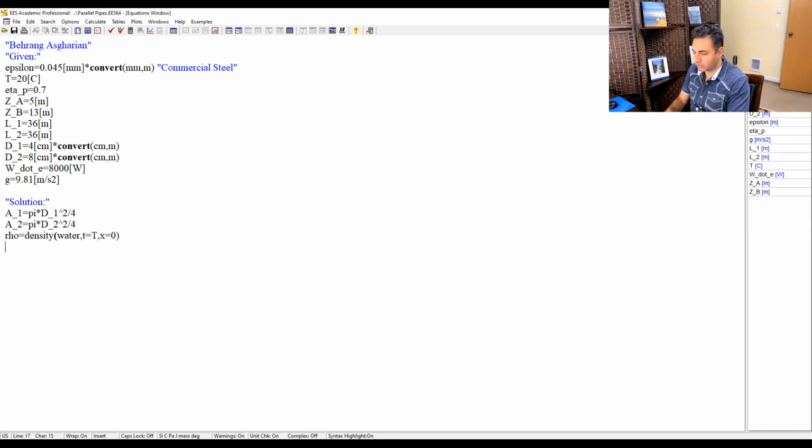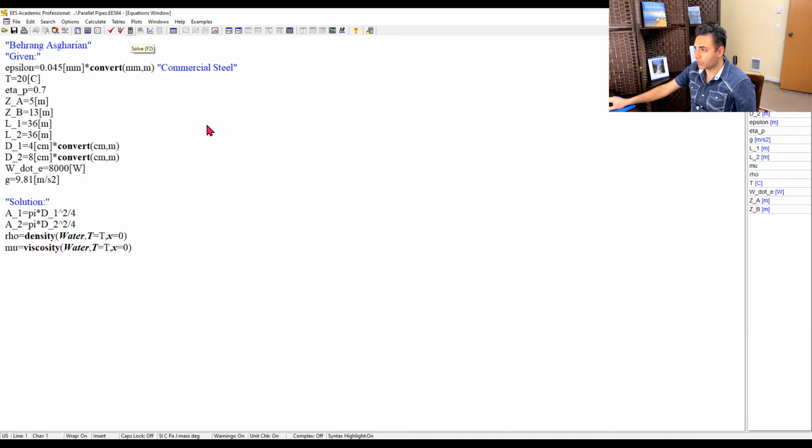So I can find the density correctly. And of course, I can find the viscosity of water. You can go to the tables, or you can do it this way: viscosity of water, and I can just copy and paste, Control C and Control V, the same thing. And I have density and viscosity of water, which is going to show up in the Reynolds number.